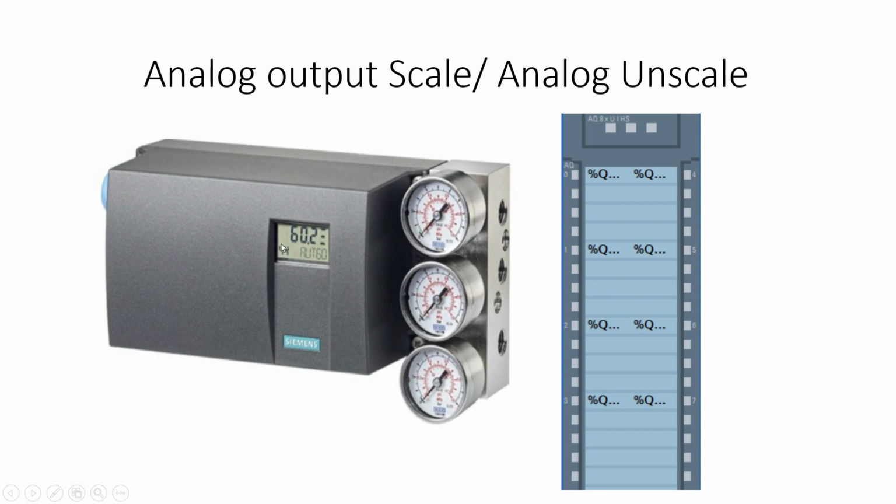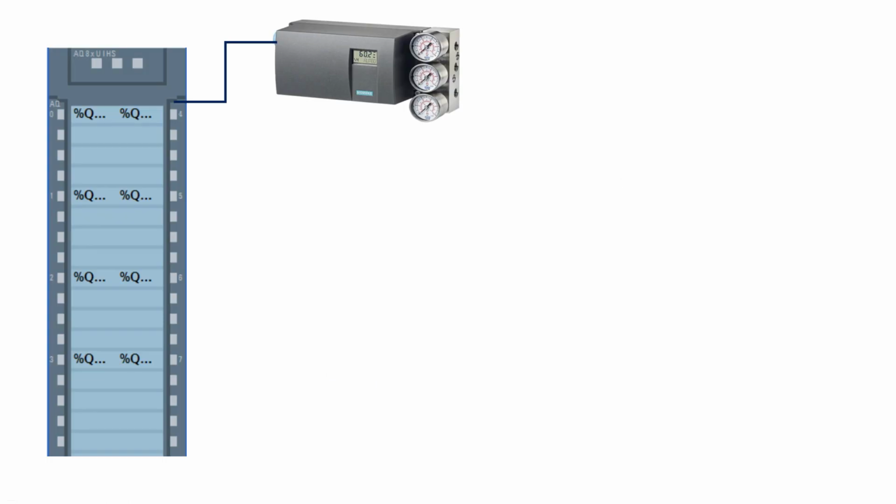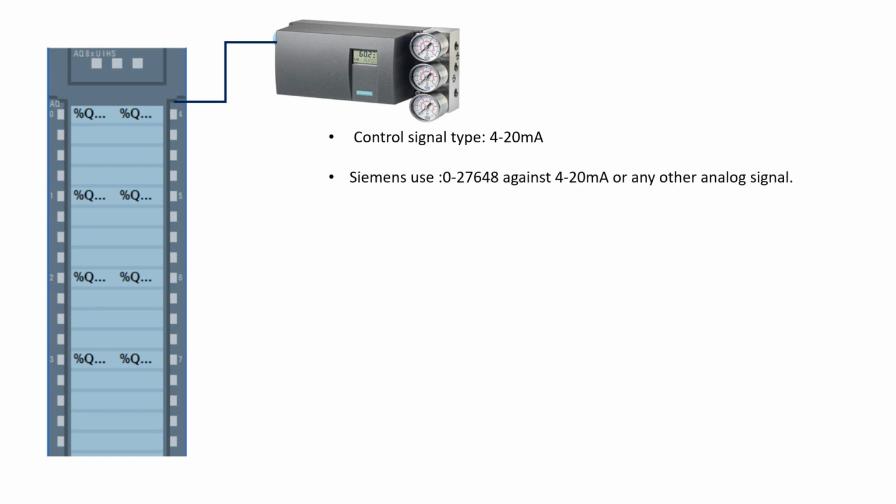To control the actuator through this I2P converter, we need an analog output signal, and we will take that signal from the analog output. Here our control signal type is 4 to 20 milliamps, and as we already discussed in the analog scale video, Siemens uses 4 to 20 milliamps against 0 to 27648, or any other analog signal like a voltage signal.